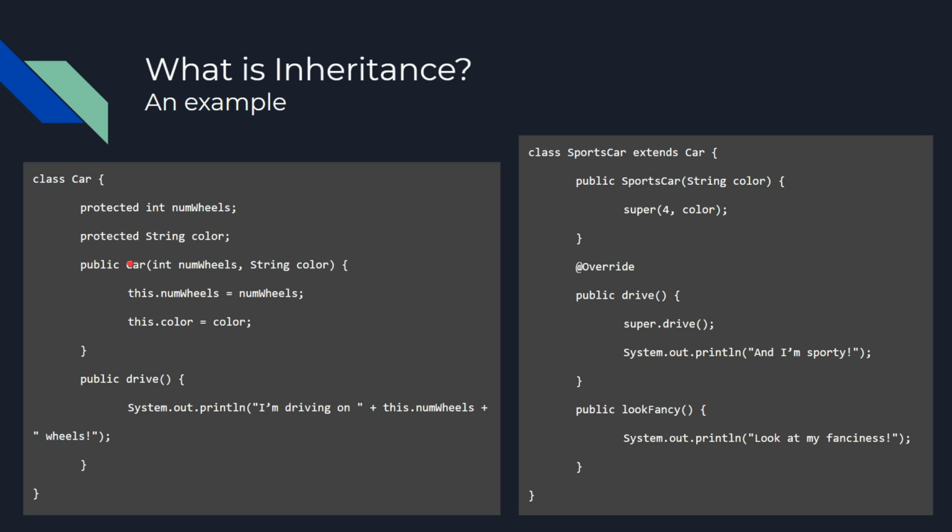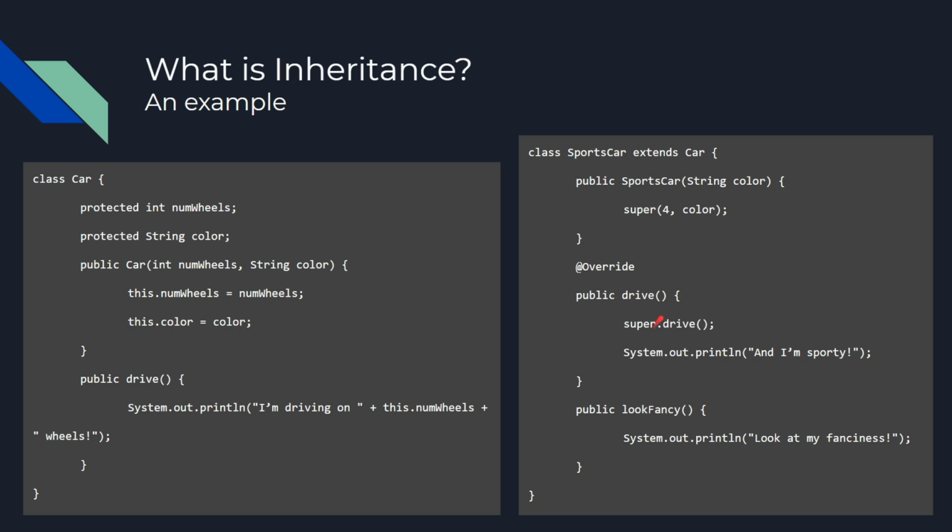It's as if we just wrote car here, right? And then if we want to use the parent class's or the superclass's drive method, we could just do super to get the parent class and then call its drive function. So when we call sports car's drive, it will print I'm driving on some number of wheels, and then it will do this extra behavior as well.